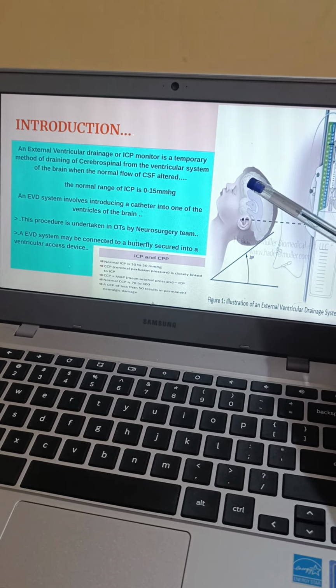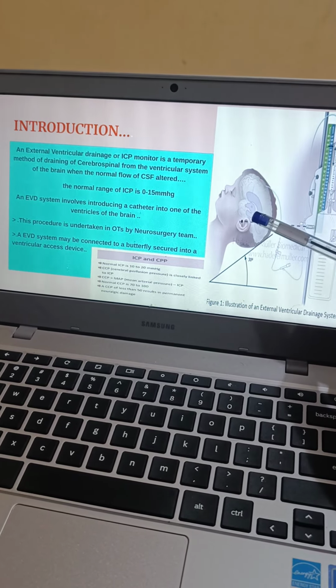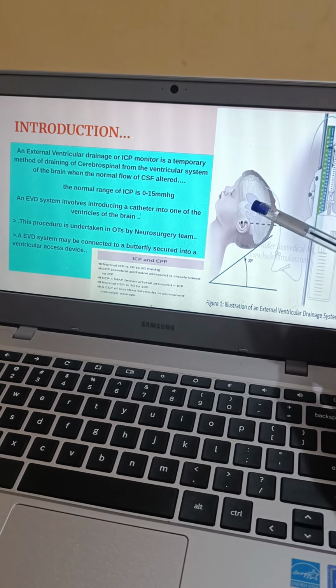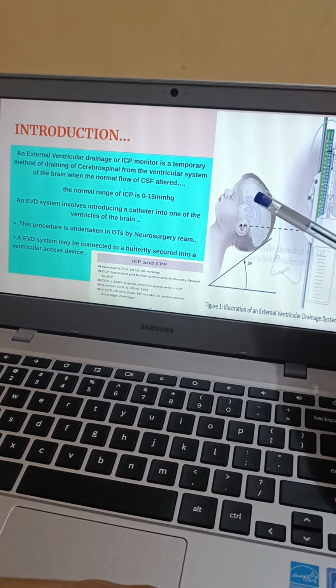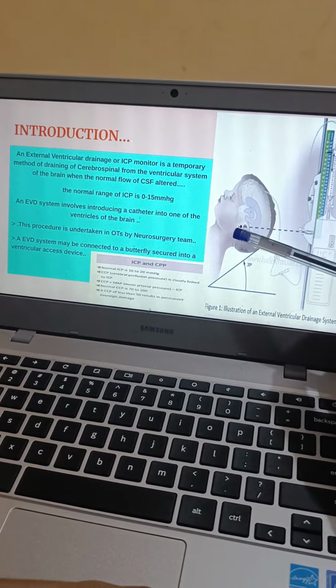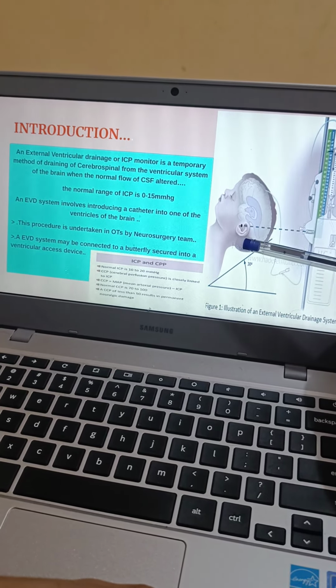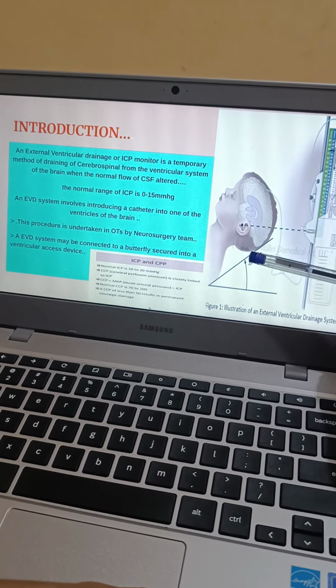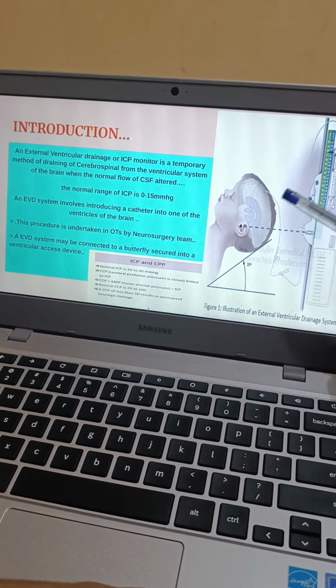Because of tumor formation in the lateral ventricles of the brain, it will produce more secretion, and because of this also the ICP increases. This is the most important thing we should remember. In most cases, EVD is used for hydrocephalus, and one more thing, injury to the skull. It is the most important factor that will cause a rise in ICP.